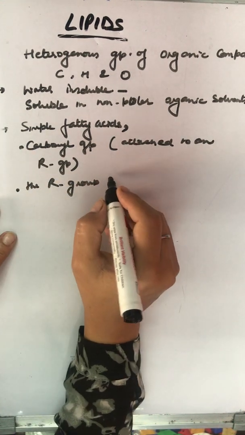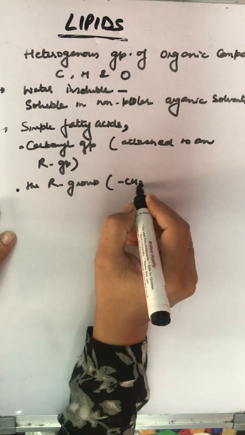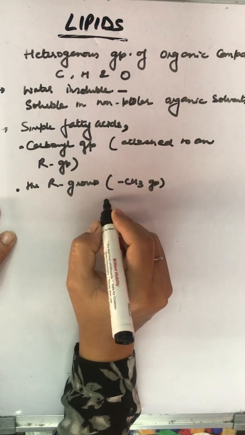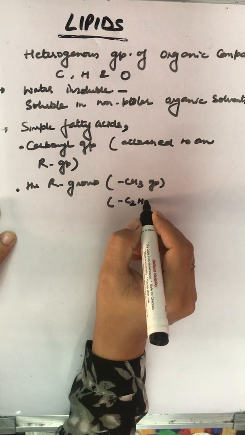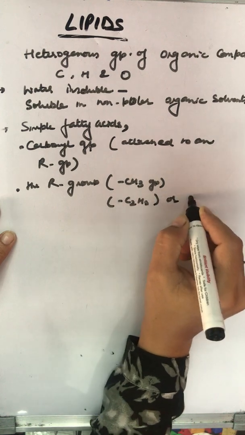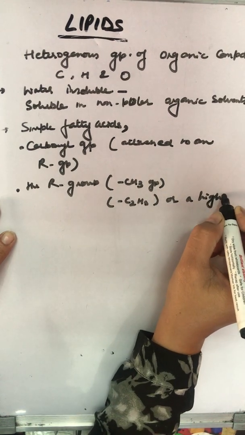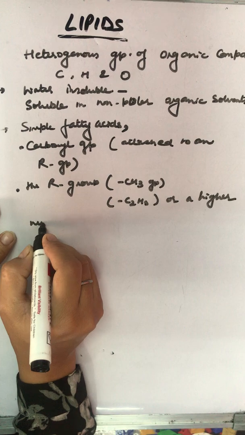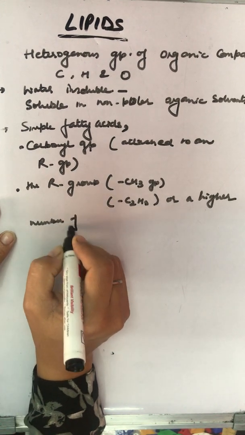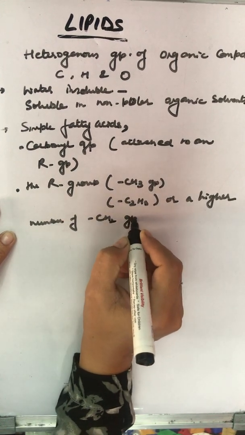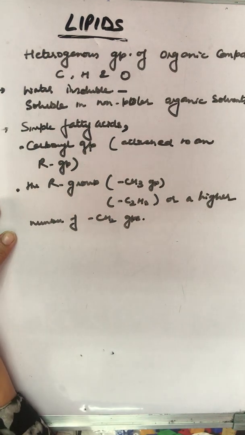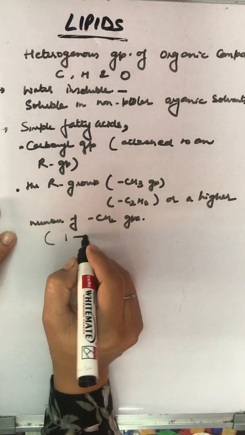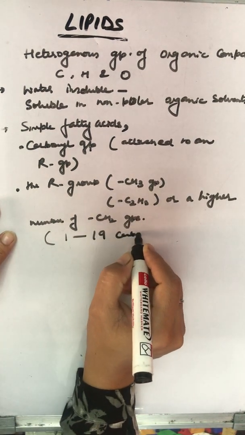What is this R group? It could be methyl or ethyl or a higher number of CH2 groups, alkyl groups. Okay, how many carbons should be there? 1 to 19 carbons at least.